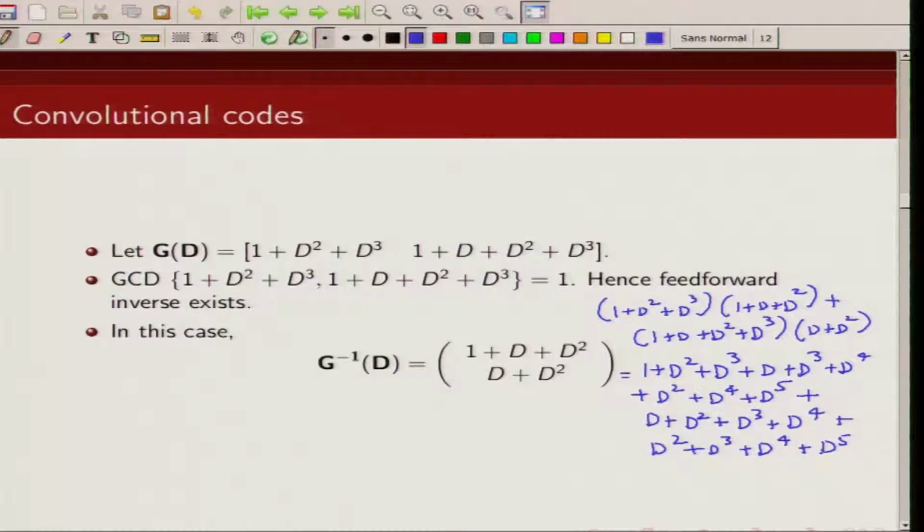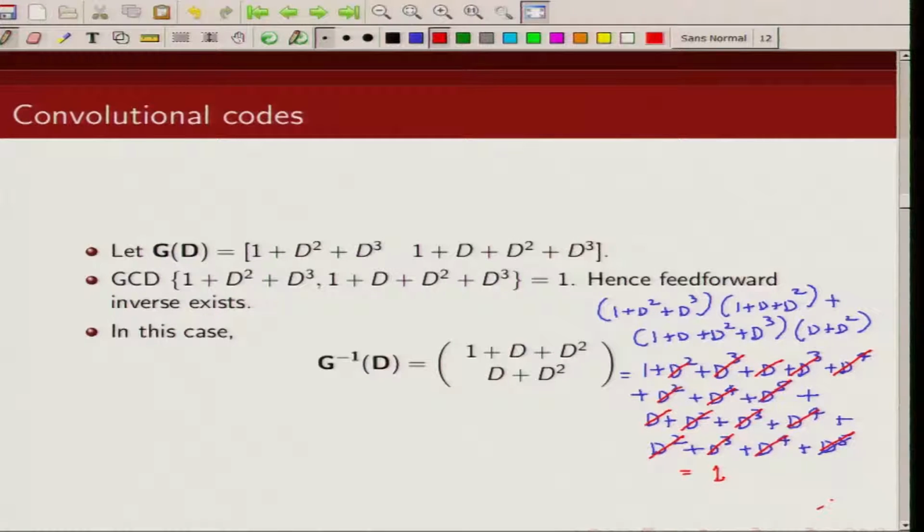Let us see: D^5 cancels out, D^4 cancels out, the other D^4 cancels out, D^3 cancels out, D^2 cancels out, D cancels out, D^3 cancels out, D^2 cancels out. What we are left with is basically 1.